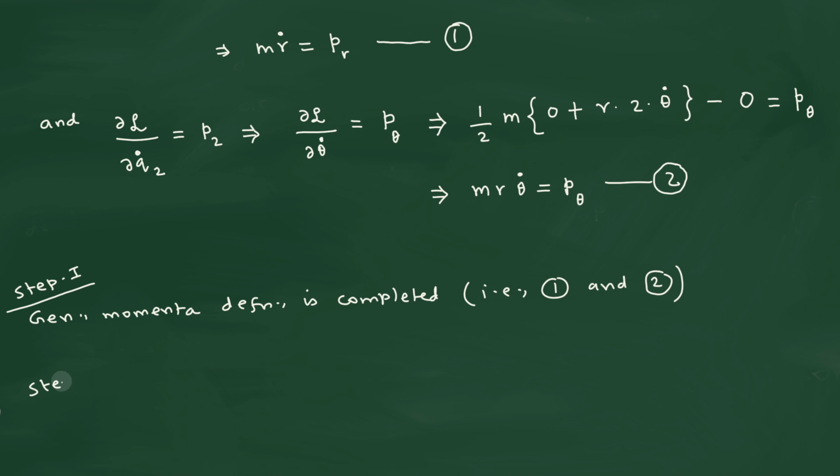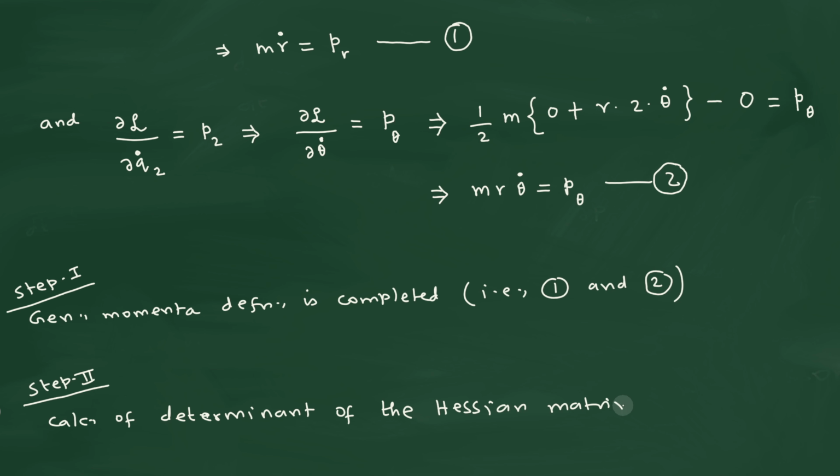Now the second step is, this is important. The second step is calculation of the determinant of the Hessian matrix. Most of the time, without performing the calculation of the determinant of the Hessian matrix, people proceed further by making an assumption that this is not going to give trouble.